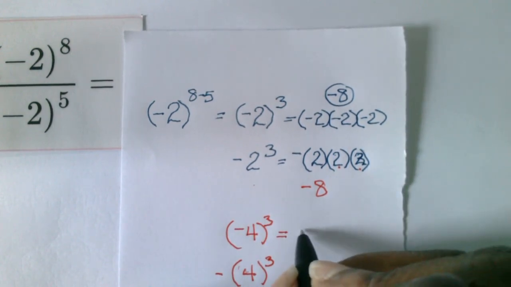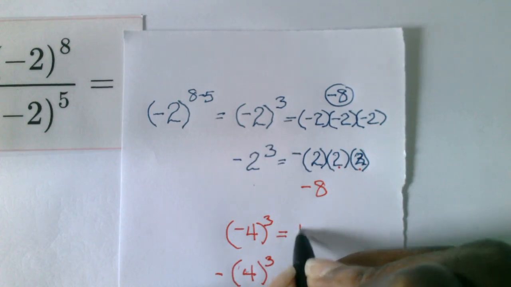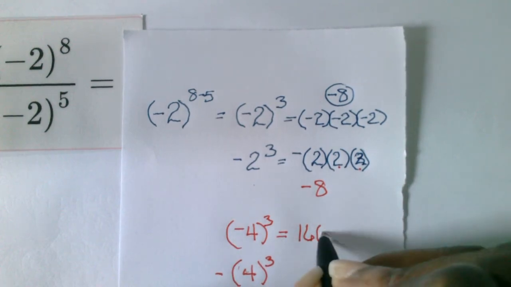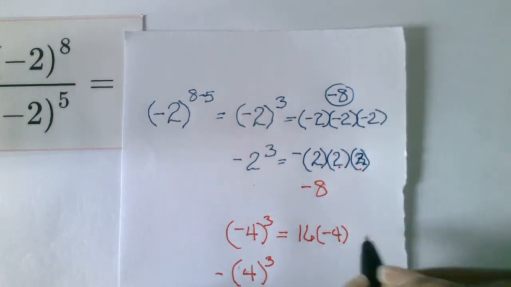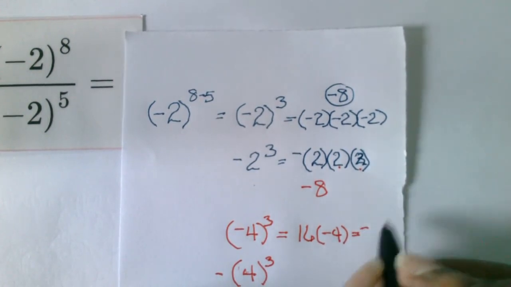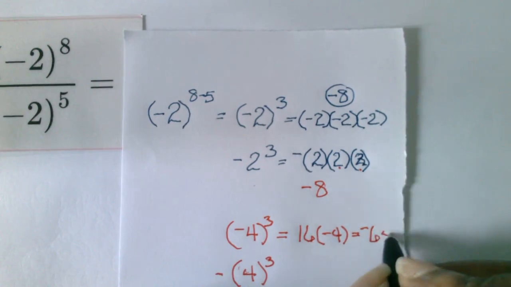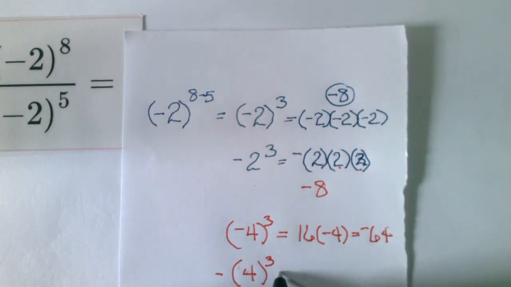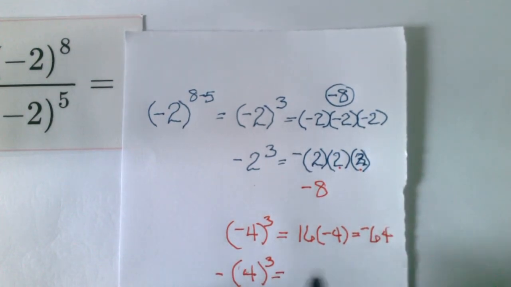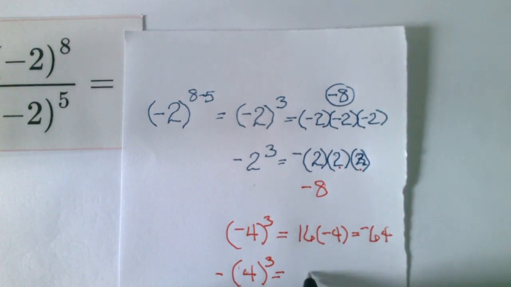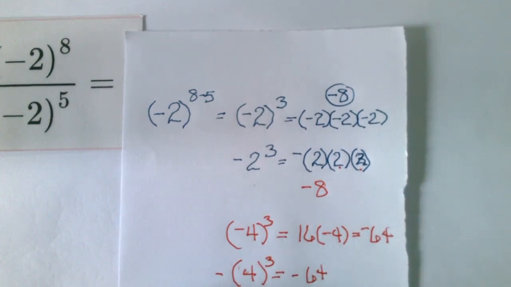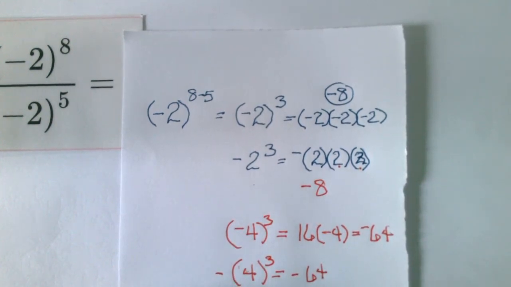So 4 times 4 will give us a +16 times a -4, which gives us a -64. This one will just give you a +64 and then just slaps on a negative on there. Okay?